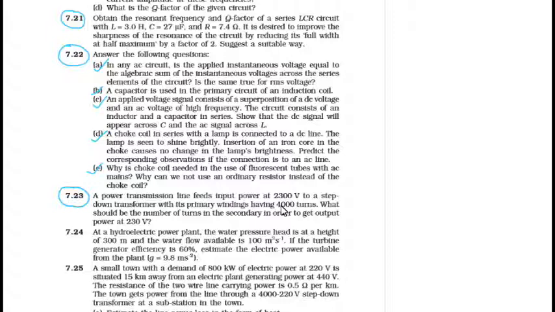What should be the number of turns in the secondary in order to get the output power at 230 volt? Let us see the solution.